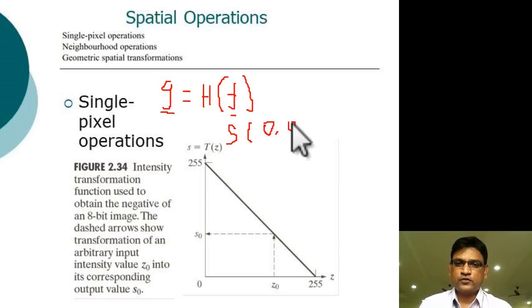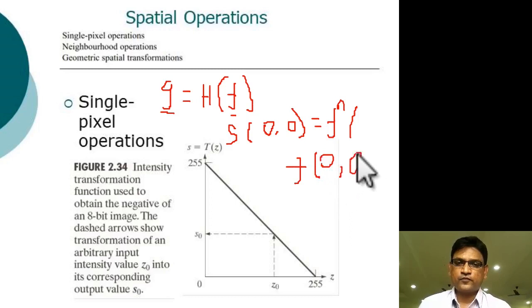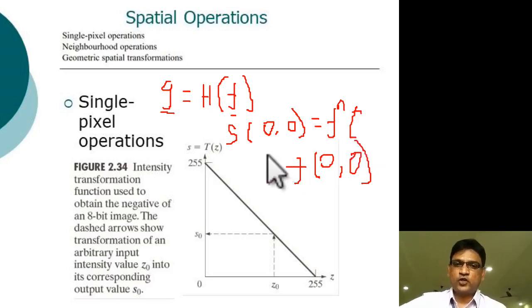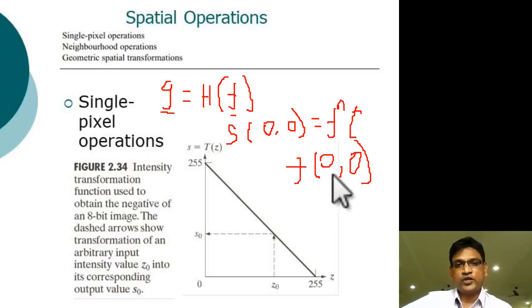Say, for example, G of 0 comma 0 is obtained as a function of F of 0 comma 0. Hope you understood this one. So a pixel in the output image located at 0 comma 0 is obtained from a pixel in the input image F located at the same location 0 comma 0.